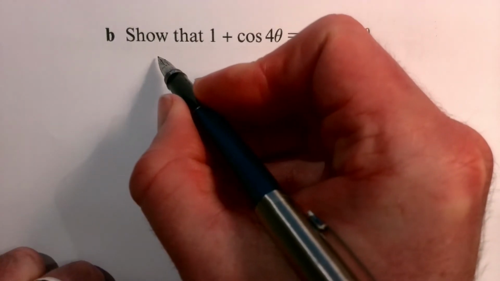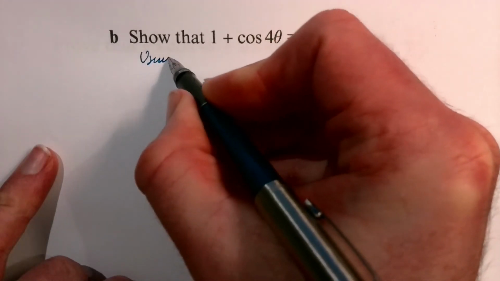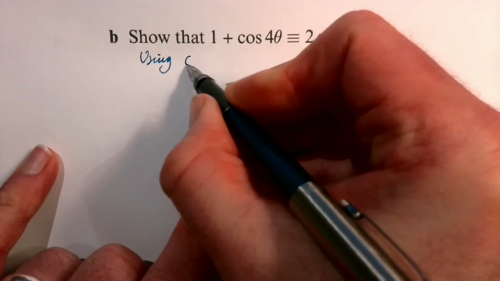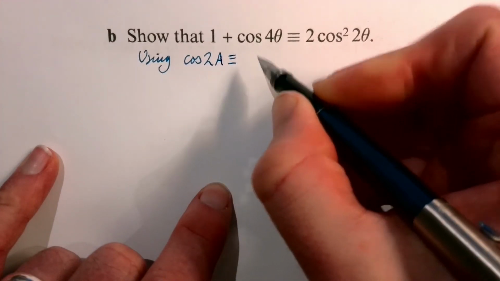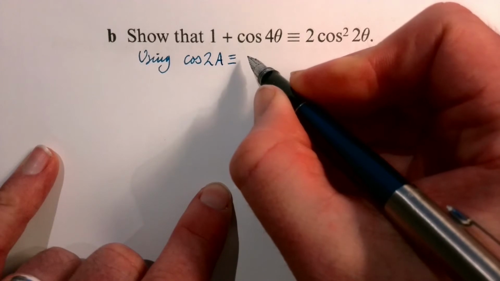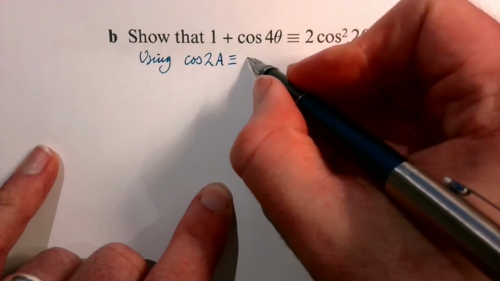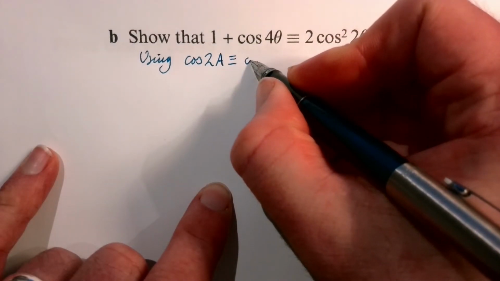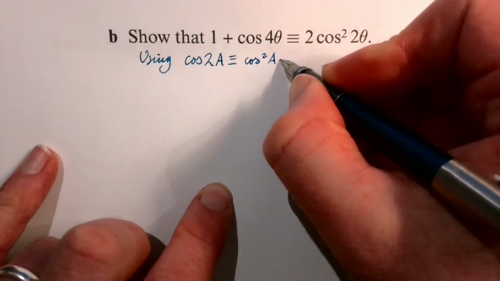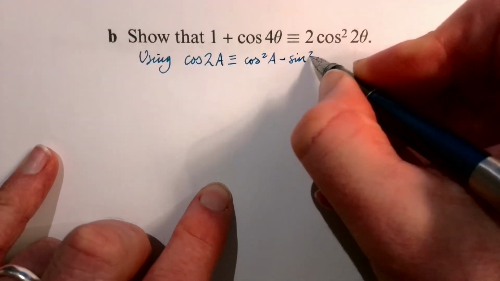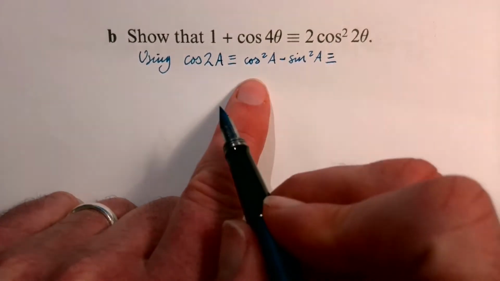But, so we're remembering that we're going to use cos 2a is identical to cos squared a minus sine squared a, and then we can say that that's going to be identical to, we want to get as many cos squareds in there as possible, don't we?